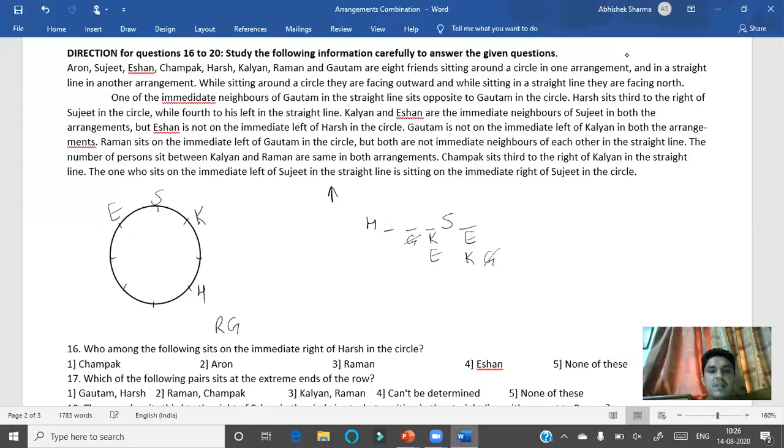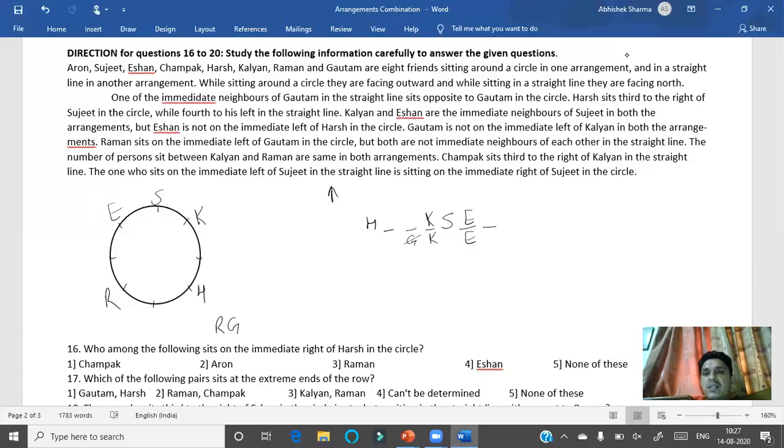Kalyan here, Ishan here, and he is saying that the number of persons between Kalyan and Raman are the same in both the arrangements. That means Kalyan here and Raman can be here. And if I am placing Kalyan here, Kalyan and Ishan positions are fixed, right? So definitely Gautam must not be here. So we can check, and it should be here. So first, second, third, whatever will be, we can see. Okay, so the number of persons who sit between Kalyan and Raman are the same in both the arrangements.